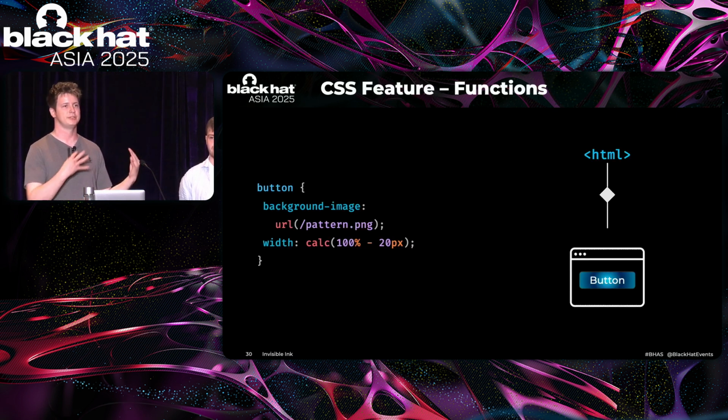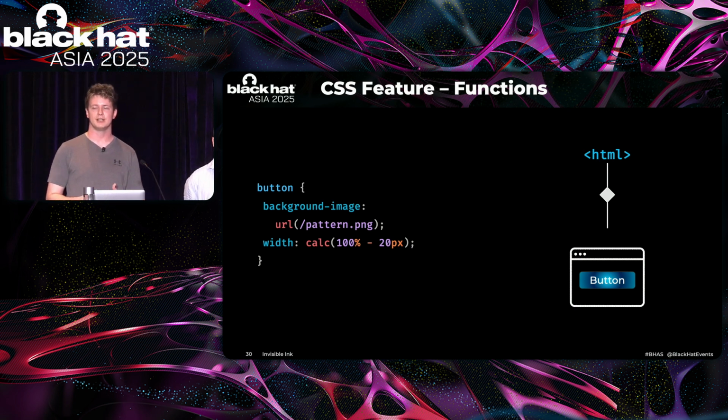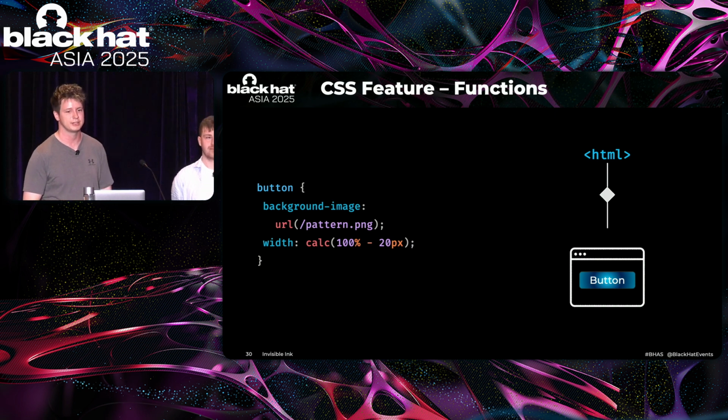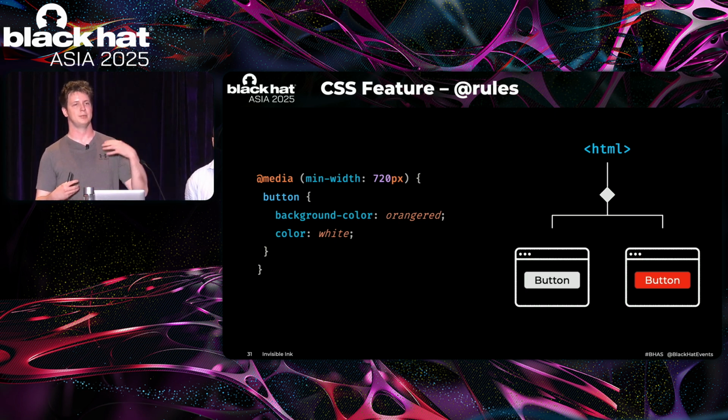For example, just to introduce some features here, you can have built-in functions in CSS like the calc function, which allows you to have an expression like you can see on the slide, where you just take the screen width of the user and just subtract 20 pixels out of that. And exactly those arithmetic expressions will come in handy later on during this talk. On the other hand, you can also have conditionals here. So-called at-rules, so everything that starts with an at character in the beginning, so in this case an at media query, that only applies a style if the minimum screen width of your user is at least 720 pixels.